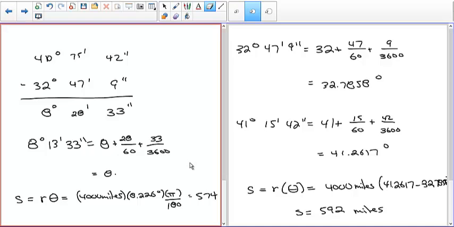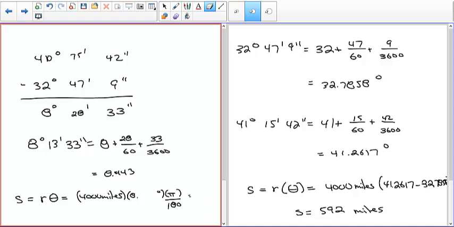So you get 8.4443. Plug that in here. Okay, so times 4,000 times pi divided by 180, 589.